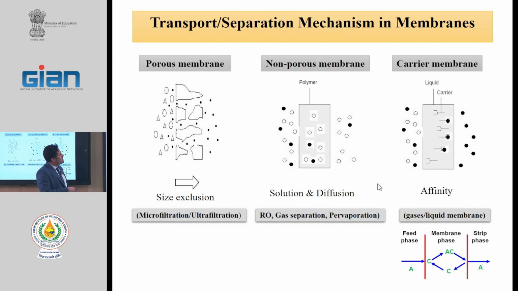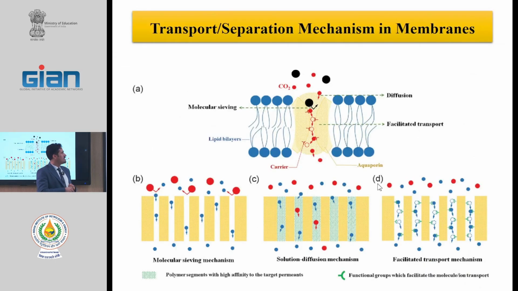In the second mechanism, active transfer, we have a carrier that only reacts with a specific species, and after passing, releases it on the permeate side. Therefore, we generally have three important mechanisms in membranes: size exclusion, solution diffusion, affinity, and in some cases, adsorption mechanism.